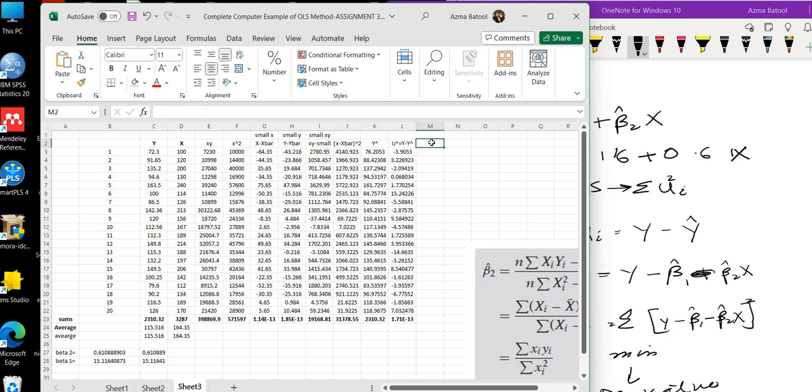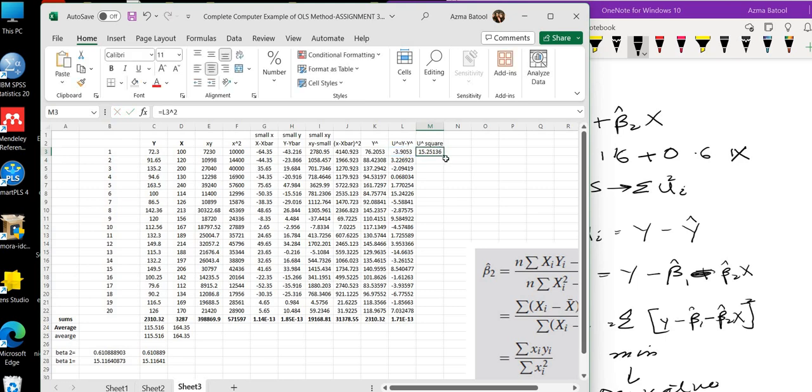We also need u hat square. Why do we need it? Because all the estimates for the variances of the betas, the variance of beta 1 and the variance of beta 2, require this u hat value. So let's see how we can do it. Equals this raised to the power 2.